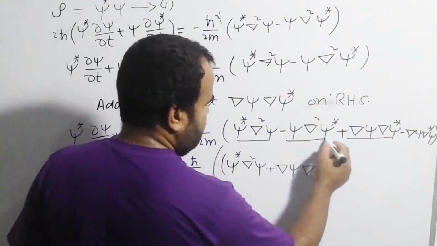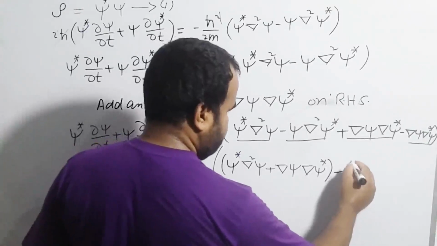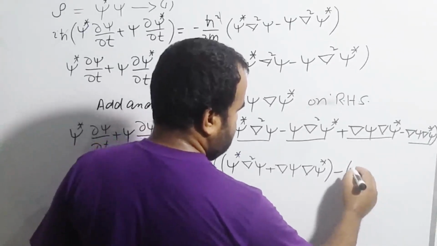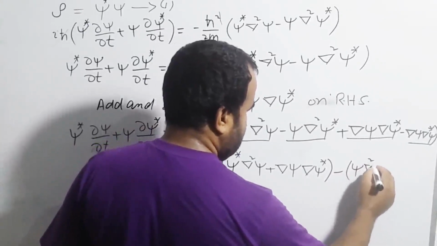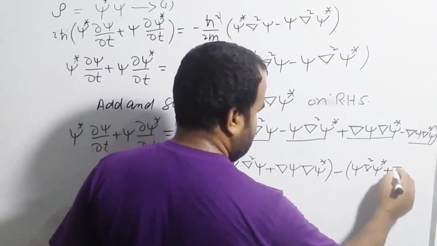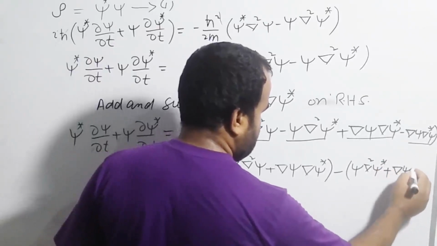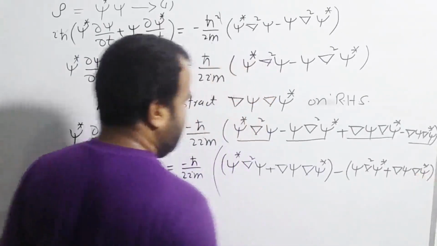Now we take minus common in these two terms: minus psi del square psi star plus del psi and del psi star.